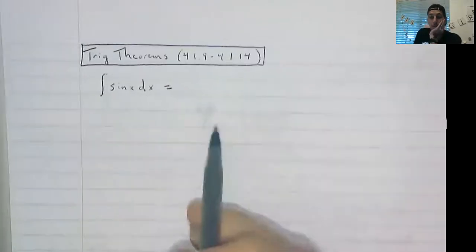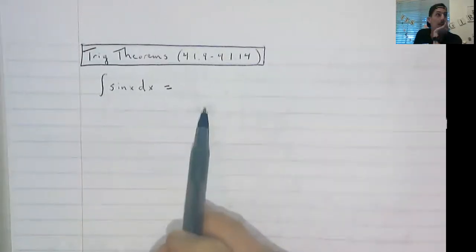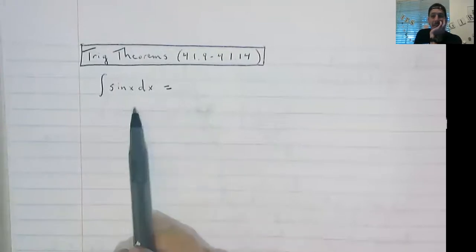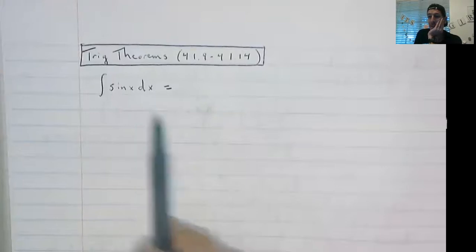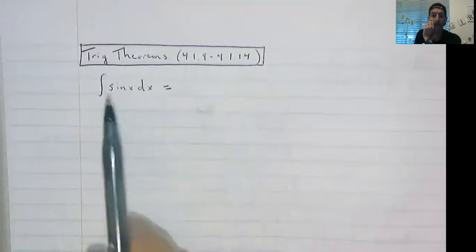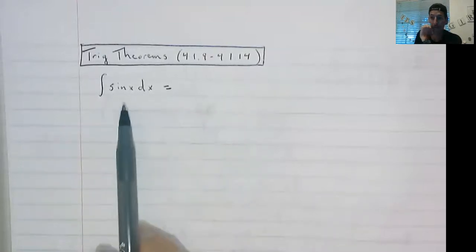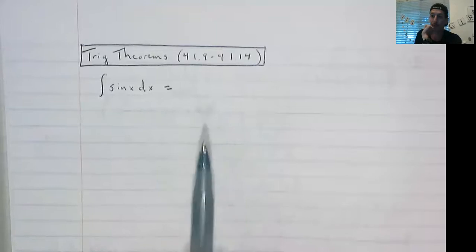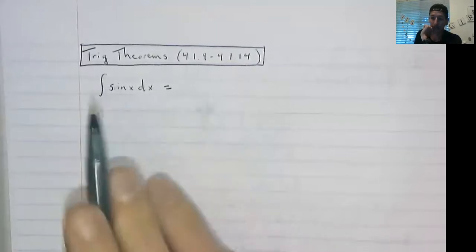Starting with the antiderivative of the sine, let's think about this. What, when we differentiate it, gives us sine? Well, right off the bat, it's kind of a curveball. We don't have a trig theorem that gives us sine. We do have one that gives us negative sine when we differentiate. We know that the derivative of the cosine is the opposite of sine.